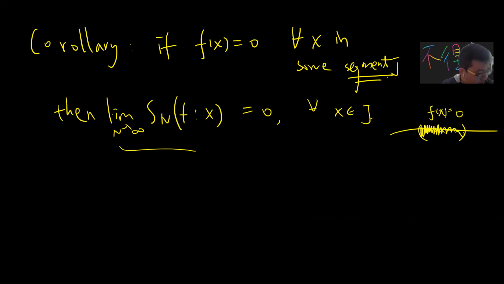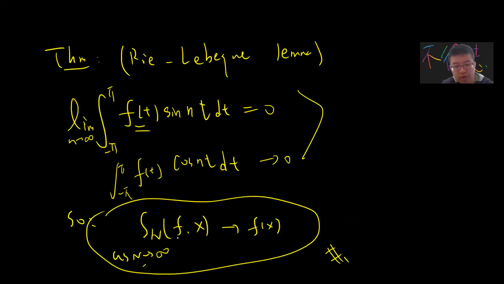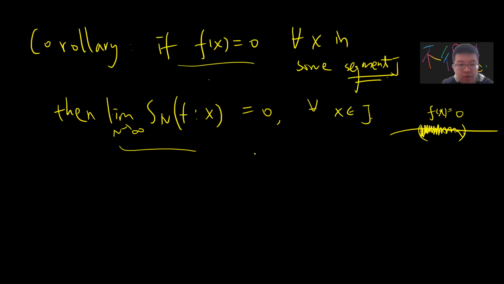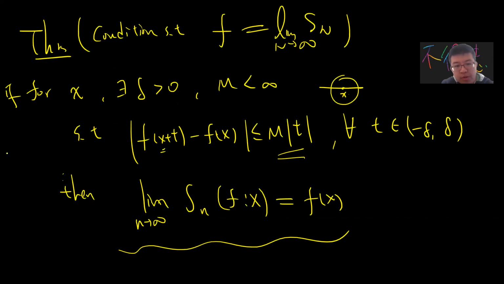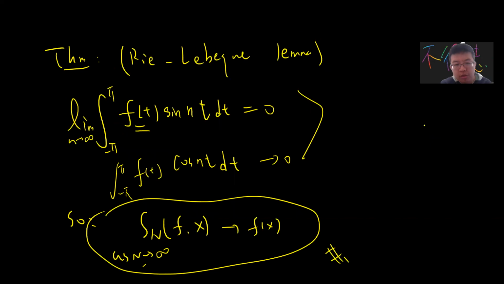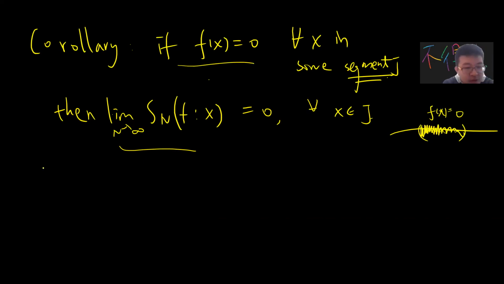This just follows from the previous theorem, because you already got this, right? So if your f becomes 0. And by the previous theorem, you only care about the very local region close to x, right? Which tells you that this is called the localization theorem.